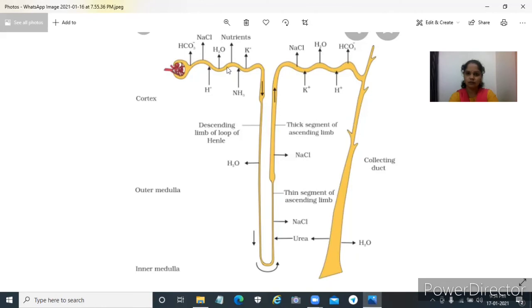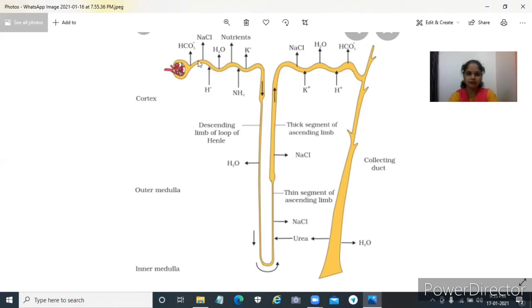So the PCT absorbs high threshold substances or low threshold substances both actively as well as passively. Actively, they need energy, while passively they do not need energy. Only due to diffusion they can enter into the blood capillary.